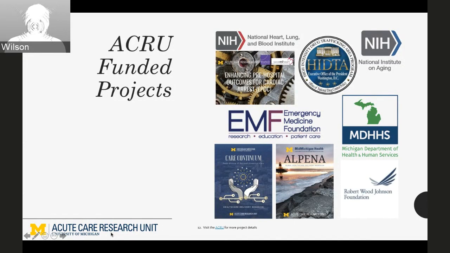It includes NIH, the National Heart, Lung, and Blood Institute study called Enhancing Pre-Hospital Outcomes for Cardiac Arrest, or other studies from the EMF Foundation, Michigan Medicine, Mid-Michigan Health, the Michigan Department of Health and Human Services, among others. If you're interested in learning more about different types of ACRU-funded projects, feel free to visit the Acute Care Research Unit Project website.